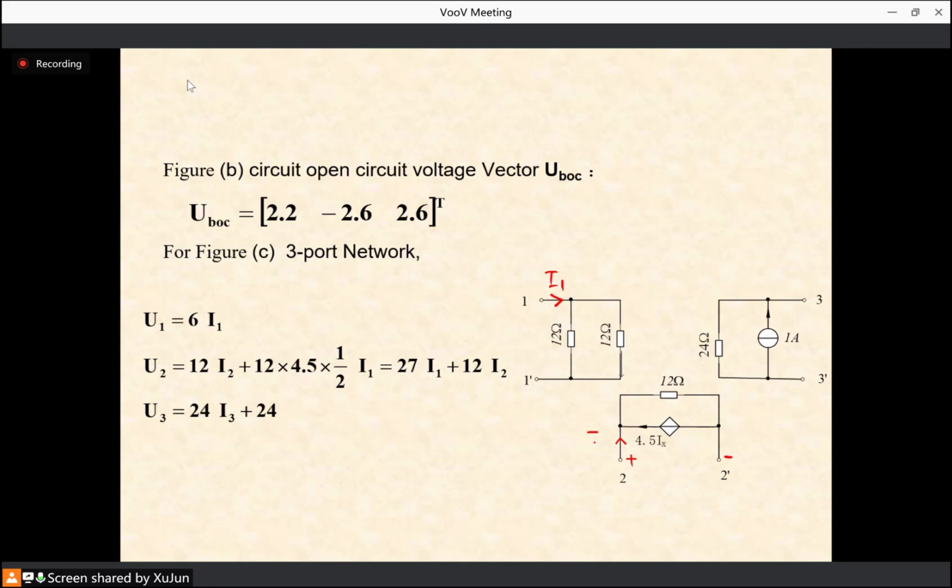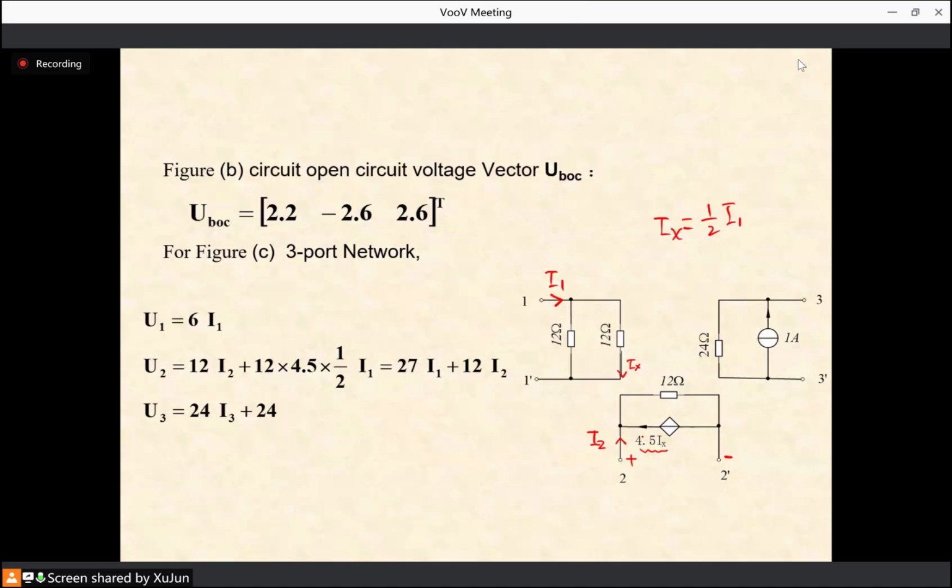This I2, and I2 plus this current source, IX here. This IX is equal to 1/2 I1.